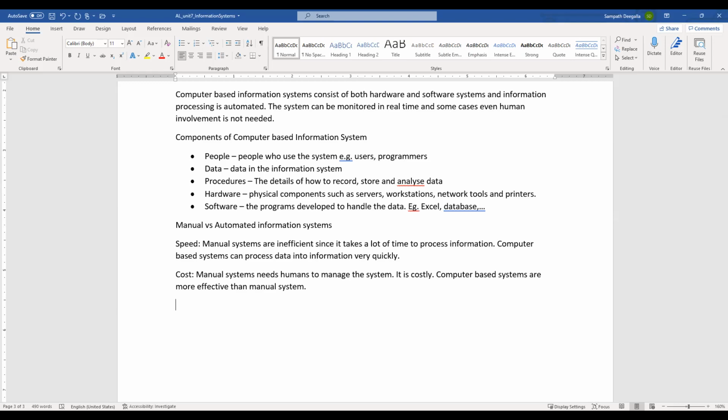So let's start with 7.2.1. We are going to look at different types of information systems, so we can classify them into multiple types.